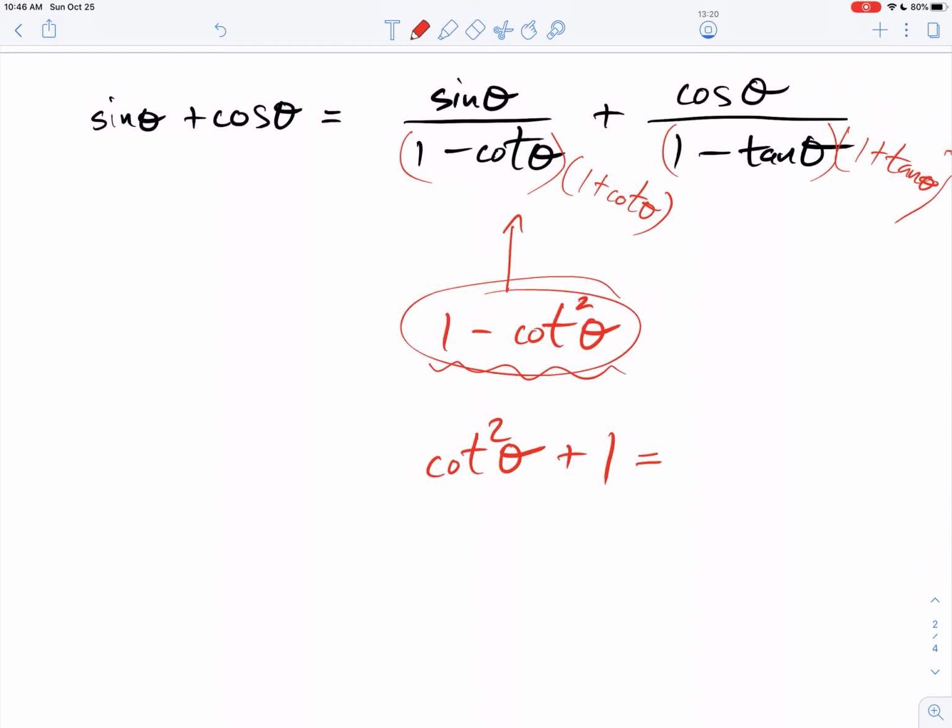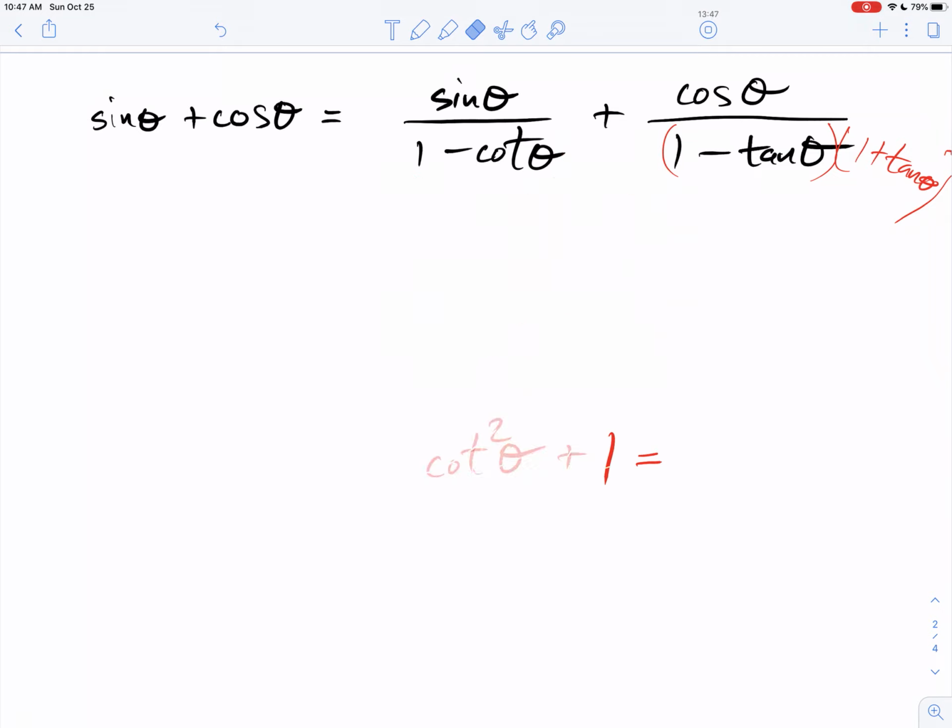So that should be an indicator to you that that's maybe a dead end on this one. I just want to have you guys look carefully at these problems. How they start out will sometimes determine how they finish. So I'm going to erase this work because this work would not be helpful. It really wouldn't. Would not be helpful to us.